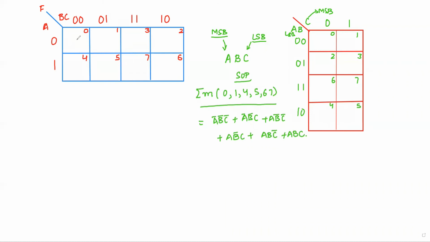So 0, then 1, then 4, then 5, then 6, and then 7. In this way, you are going to fill all the values. These are ones and the rest of them are zeros. So you fill all the values given to you in the cells.